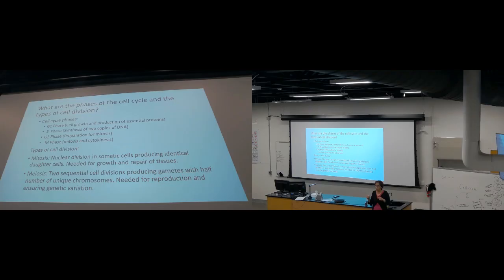And in mitosis, the DNA of the daughter cells has to be identical. In meiosis, it cannot be identical. Why? Because otherwise, we won't be who we are, which is unique. Each of us is unique.